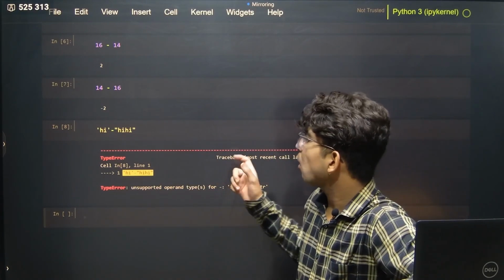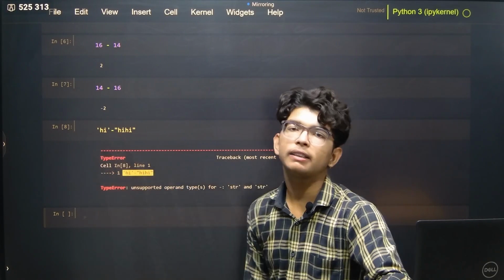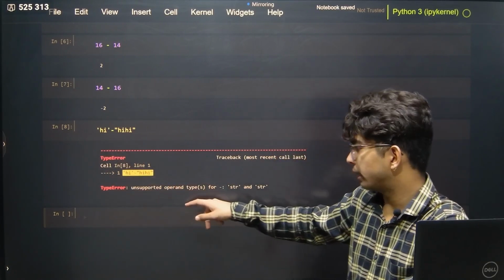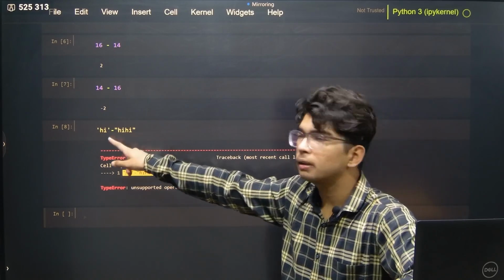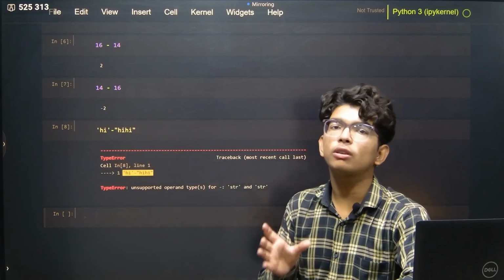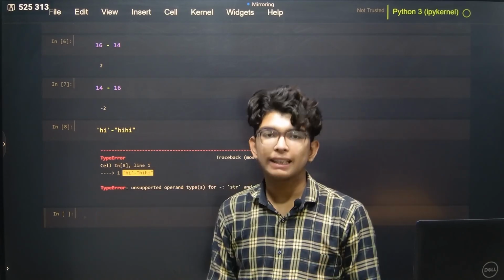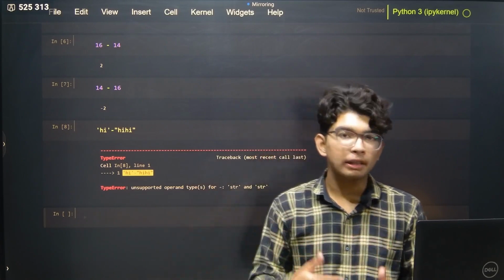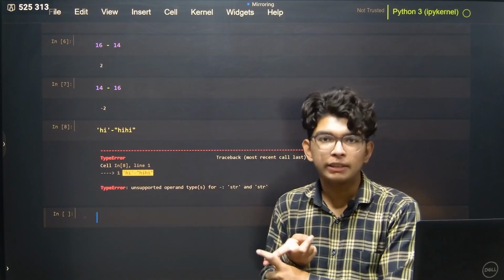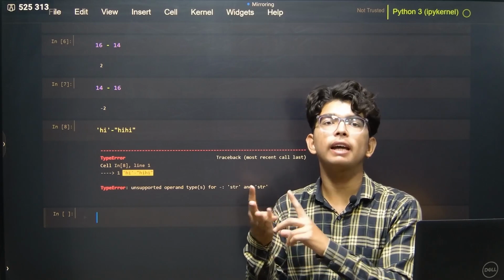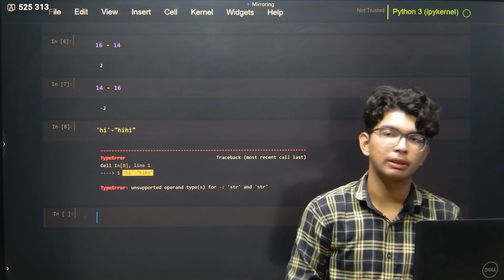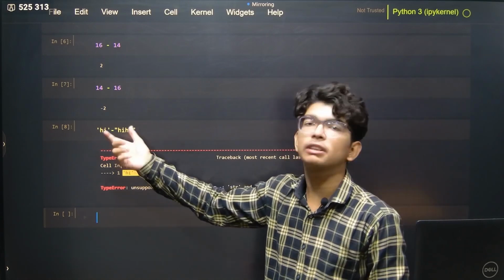The string is the operand and this minus here is the operator, and we got the error unsupported operand type, meaning subtraction does not support strings as its operand. It only supports numbers, and in numbers we have integer, float, boolean and complex numbers.